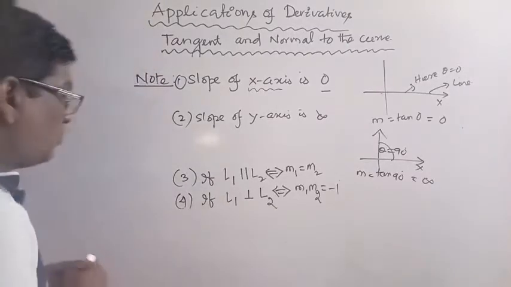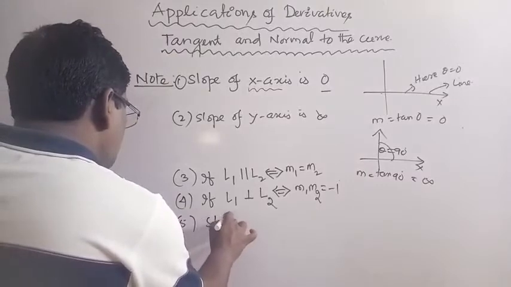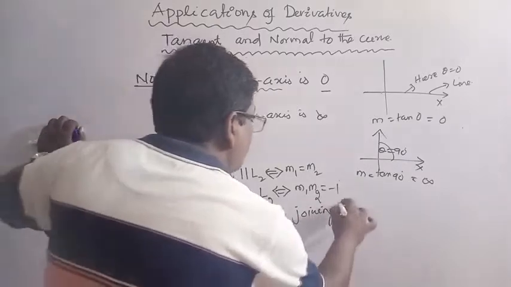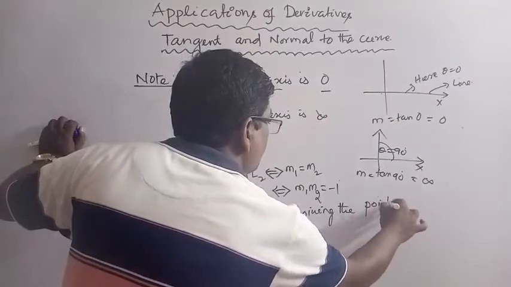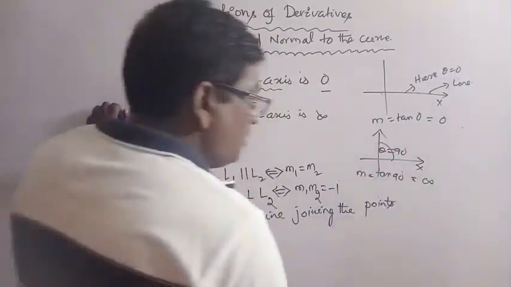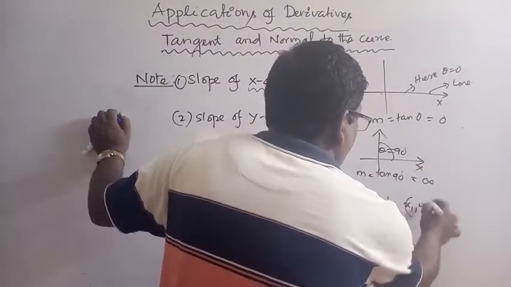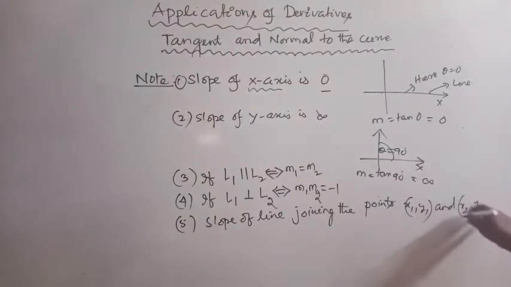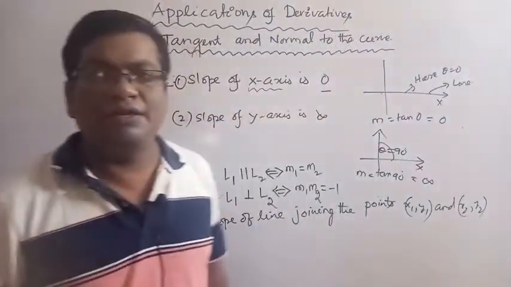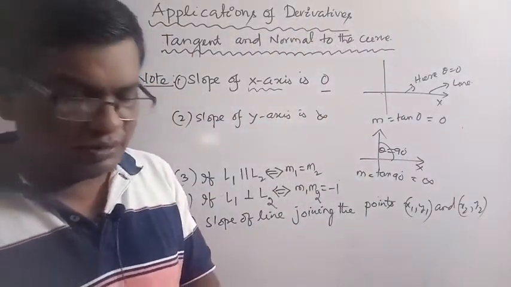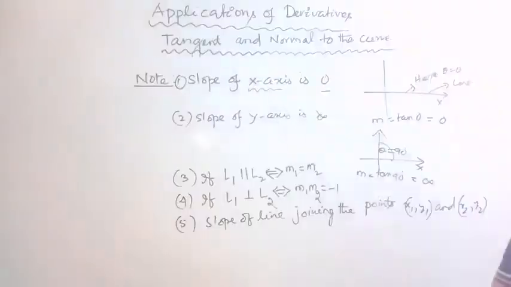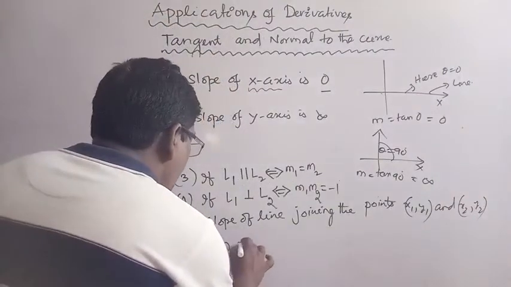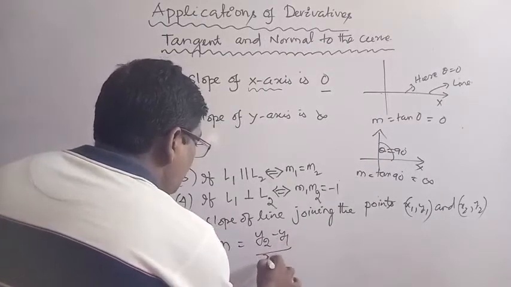That is number 5. The slope of the line joining the points x1, y1 and x2, y2 is m equal to what? m equals y2 minus y1 divided by x2 minus x1.